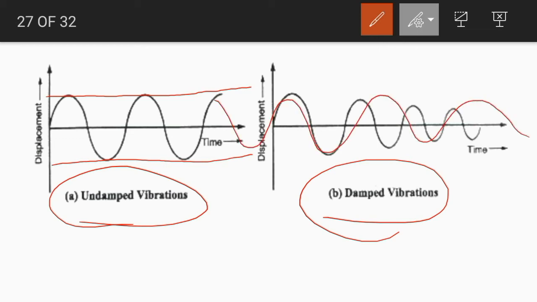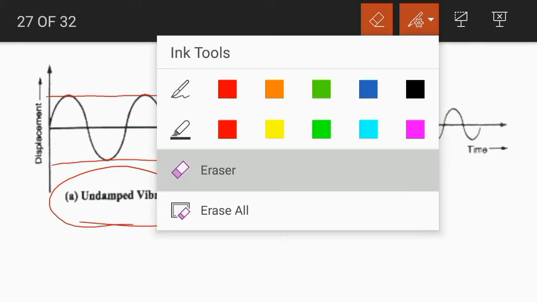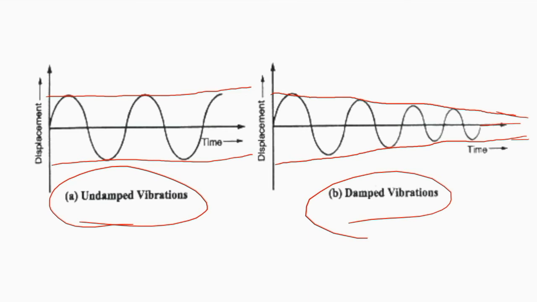It is not going to stop. But in case of damped vibration, we can see that the amplitude of vibration gradually reduces with time. So the system would come to rest at theoretically infinite time. That is the main difference between undamped vibration and damped vibration.